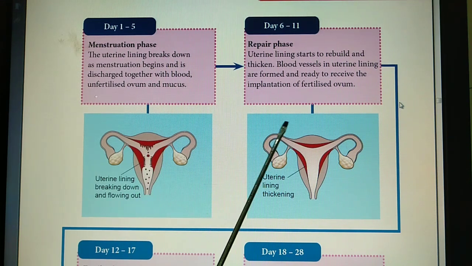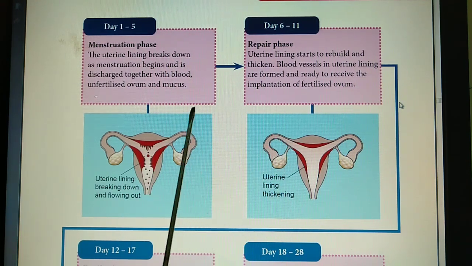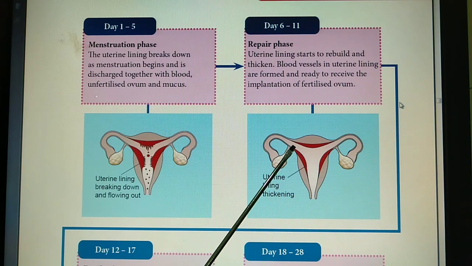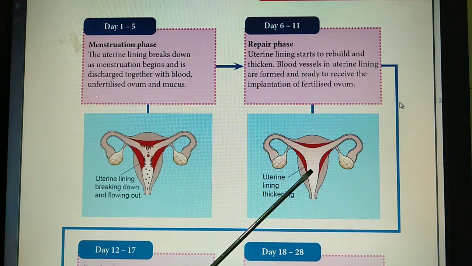After that, in the repair phase, all these blood vessels that cover the uterine lining will start to rebuild and thicken. Blood vessels in this uterine lining are formed and ready to receive the implantation of a fertilized ovum.